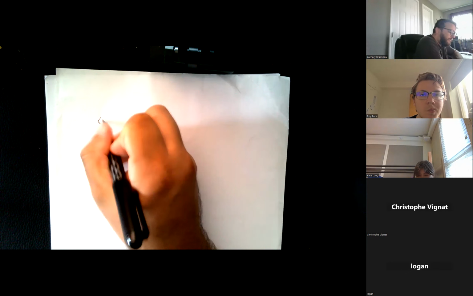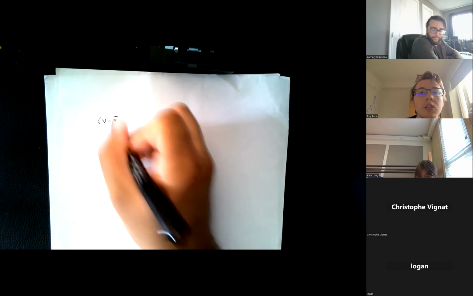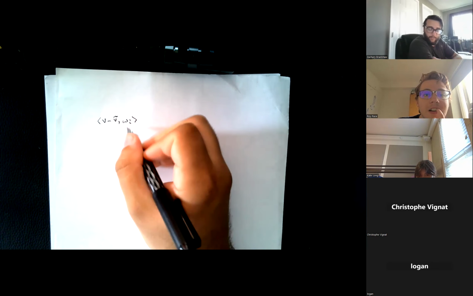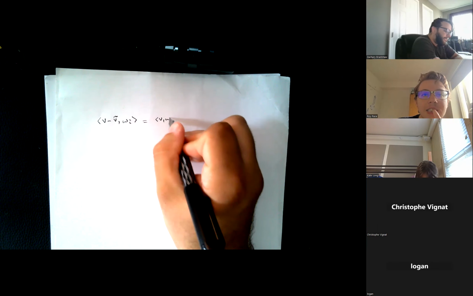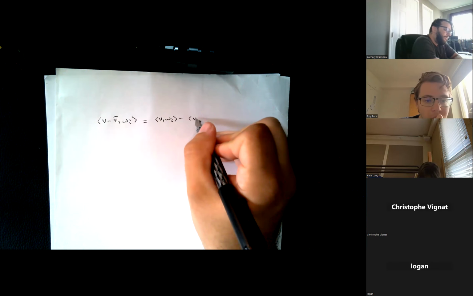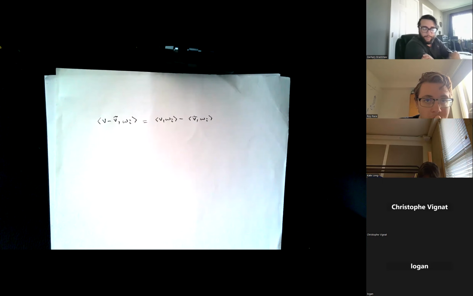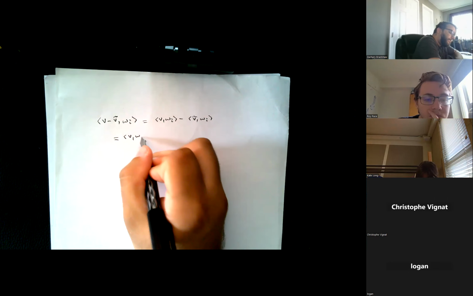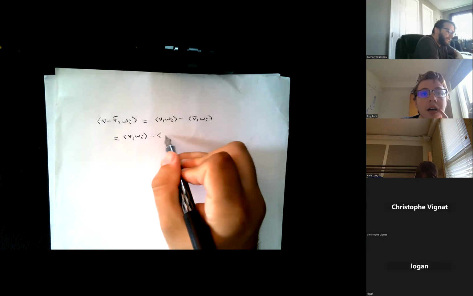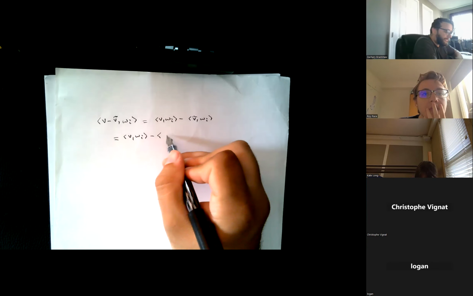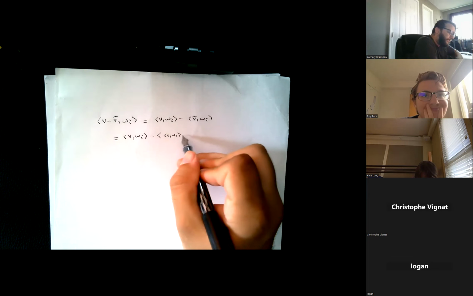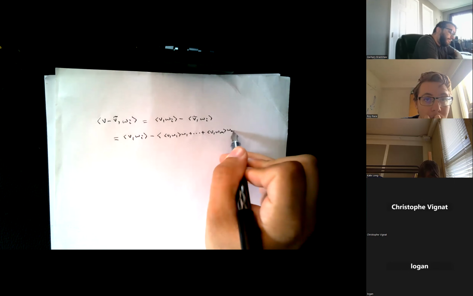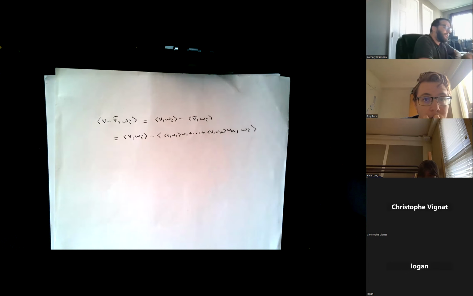We have that the inner product of v minus v tilde with wi is equal to v inner product with wi minus v tilde inner product with wi. And remember, we can expand that v tilde out. This is going to be a little messy, but v tilde was the inner product of v with w1 times w1, through the inner product of v with wm times wm, and we're taking the inner product with wi.